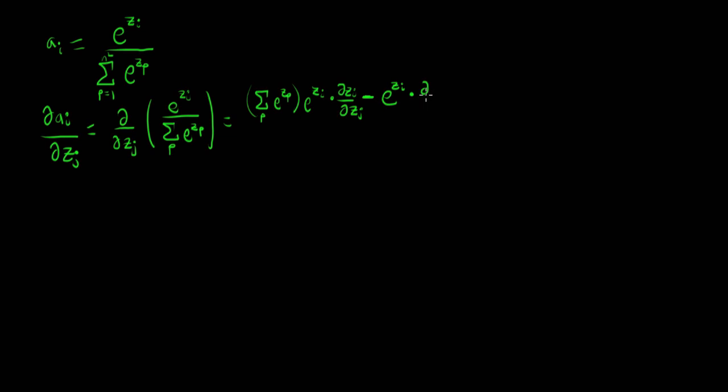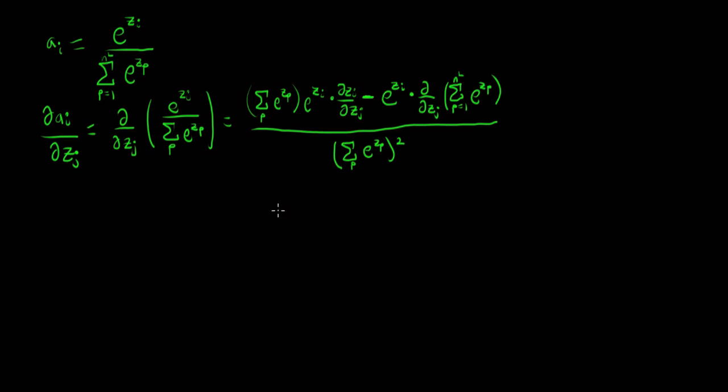So the derivative with respect to zj of the sum, p equals 1 to nl, of e to the zp. Of course, we divide everything by the bottom function squared, so we have the sum over p of e to the zp, squared.